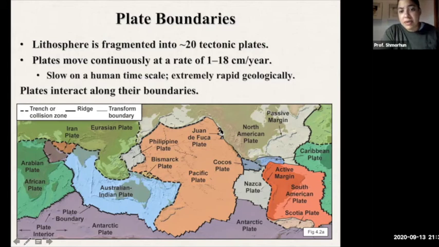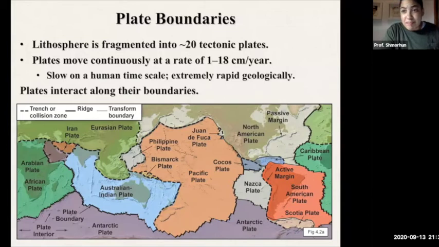It is essentially being pushed with the Pacific plate and will go underneath the North American plate. So this plate will eventually become recycled and swallowed underneath the North American plate. Through time, geologists have recognized that plates move continuously at a rate of 1 to 18 centimeters per year.